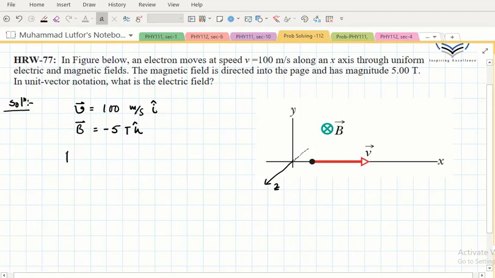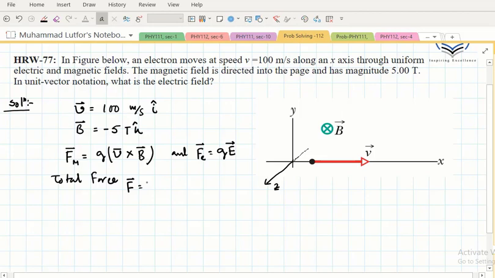The magnetic force on the electron we can find using the formula Q into v cross B, where v is the velocity and B is the magnetic field at the location of the electron. The electrostatic force would be Q into E. So the Lorentz force, or the total force F, would be Fe plus Fm.